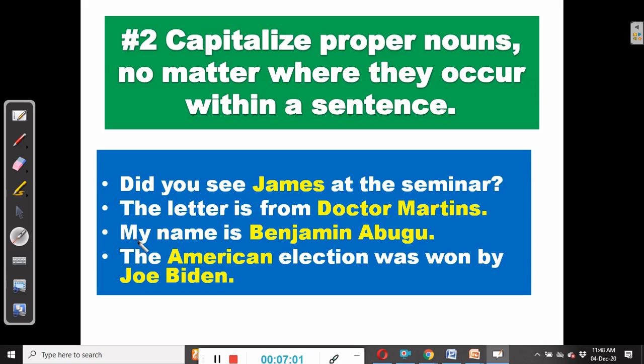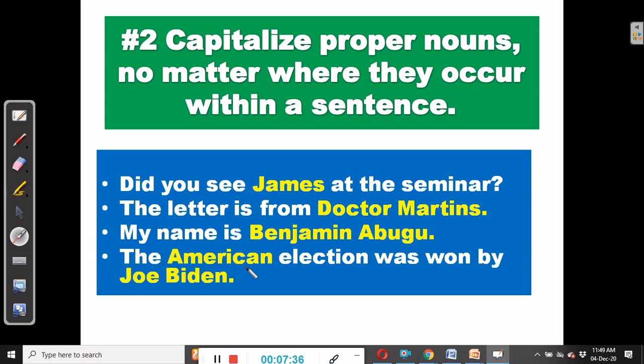Then the third example here, my name is Benjamin Abugo. Benjamin Abugo is the name of a particular person, and so it is written in capital letters, or it is capitalized if you like. Then the last example here, the American election was won by Joe Biden. Now, the word American is derived from America, which is a nationality noun.